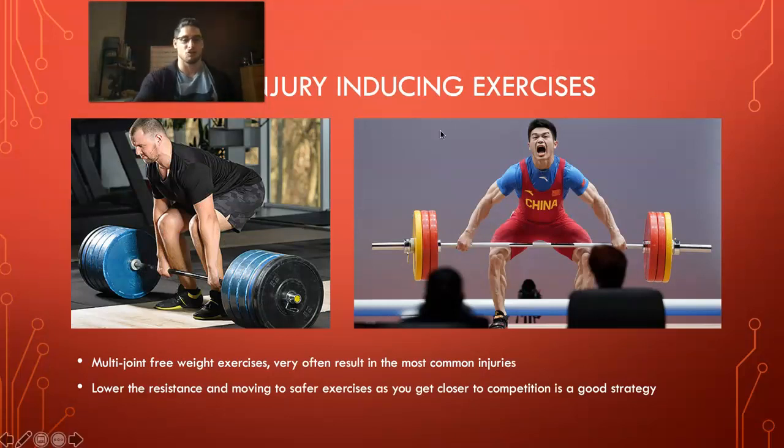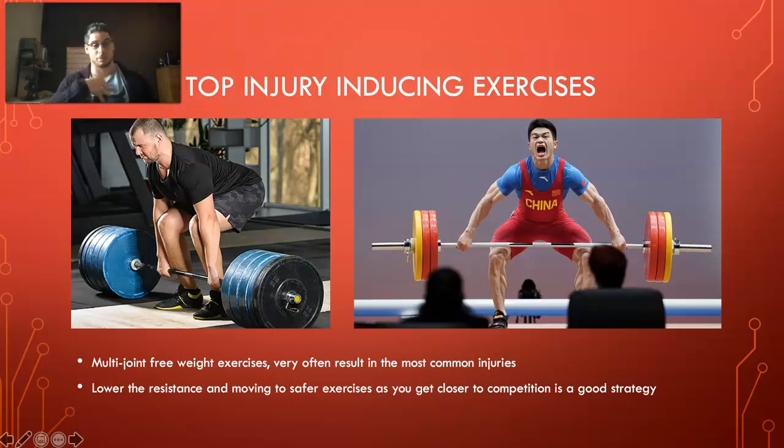So, most injury-inducing exercises, unsurprisingly, in my experience, and I'm sure you can go find a paper on this, are the multi-joint complex movements, which are the ones that people tend to do themselves in on the most. So deadlift, in my experience, is probably the number one exercise where people are going to hurt themselves. Usually down to poor technique, poor form, rounding off the back, using too much weight.